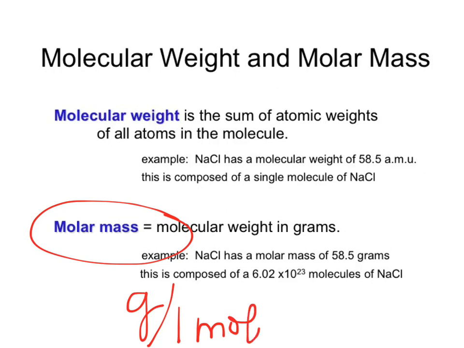We have to label our units on the test. So if you have sodium chloride, and I said, what's the molar mass of sodium chloride? Where do we go to find that? The periodic table. And we find sodium, and sodium's molar mass is 23, and chlorine's molar mass is 35.5.